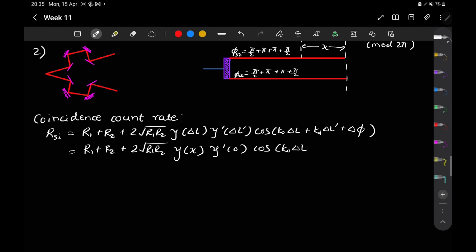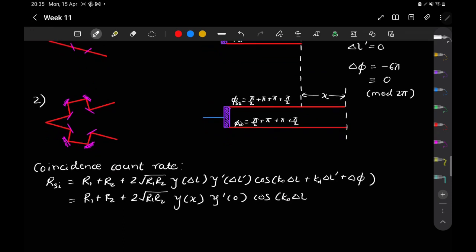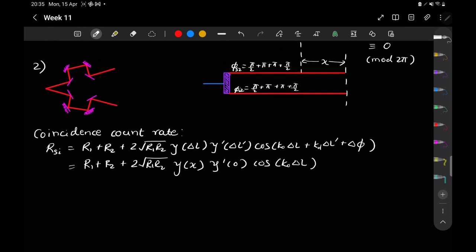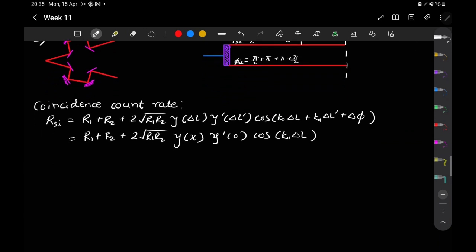Now delta L prime is 0, delta phi is also 0 after taking mod with 2 pi. So that's inside the cosine term. And gamma prime 0 equals 1. So we finally get the following.